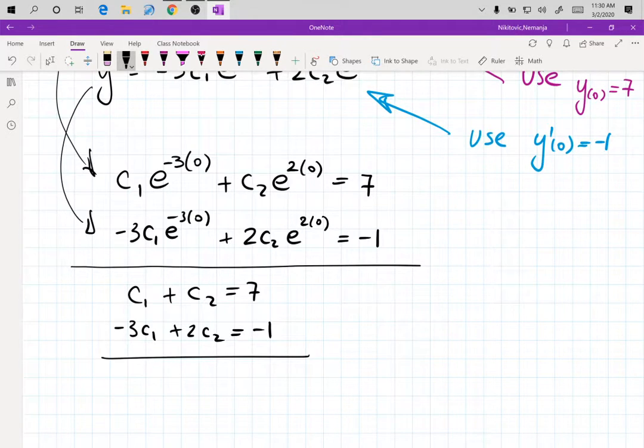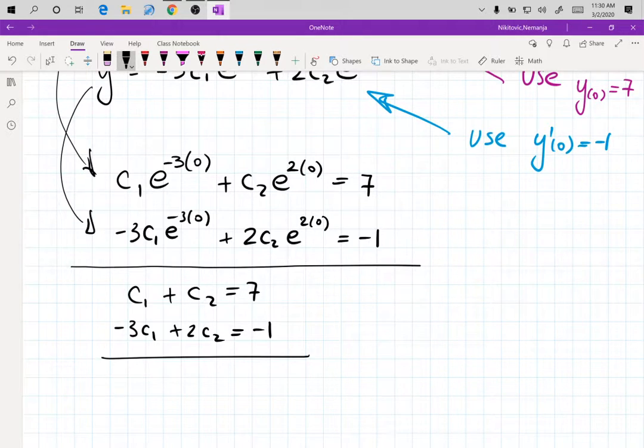So with this, you have now a system of two equations, two unknowns, and you can do the guess and check method. You can do the graphical approach, or you can do substitution, you can do elimination, whatever your favorite is.